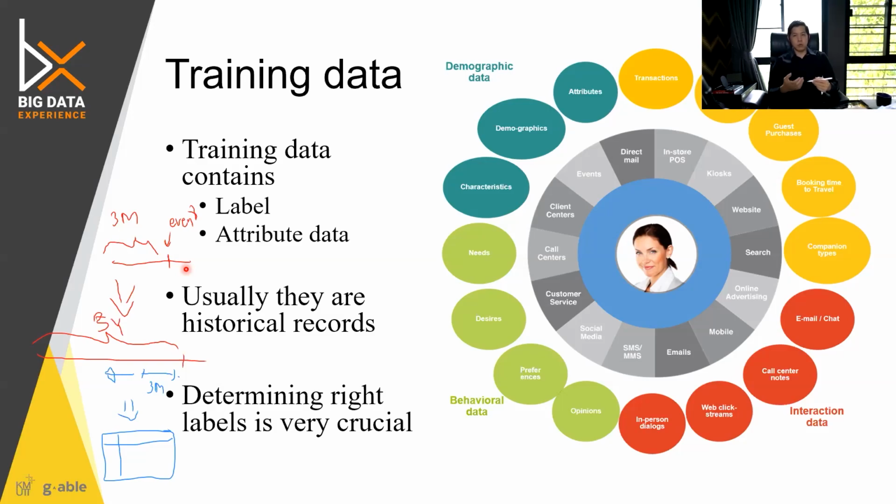But the crucial question here is not how, it is whether the label is correct or not, right? You need to have the correct label. The correct label would answer the objective.